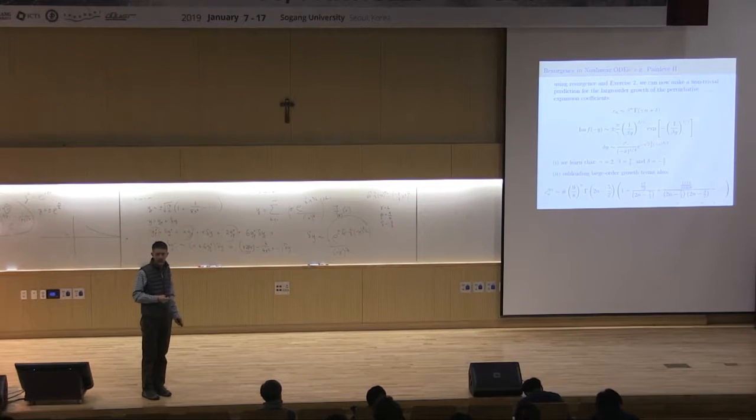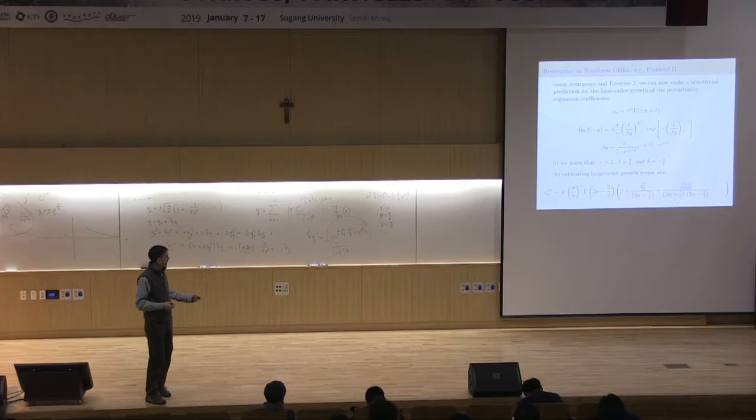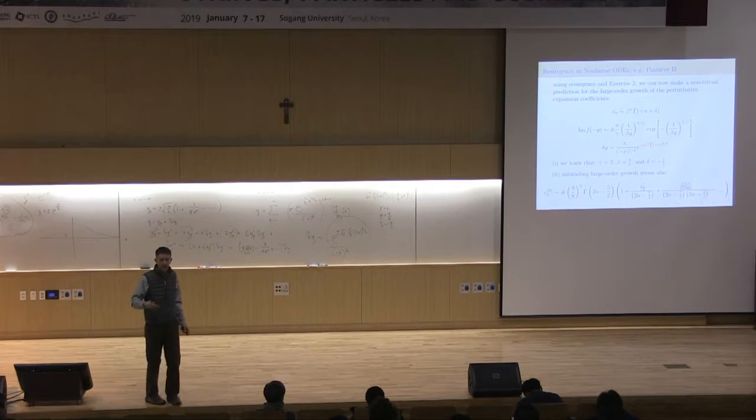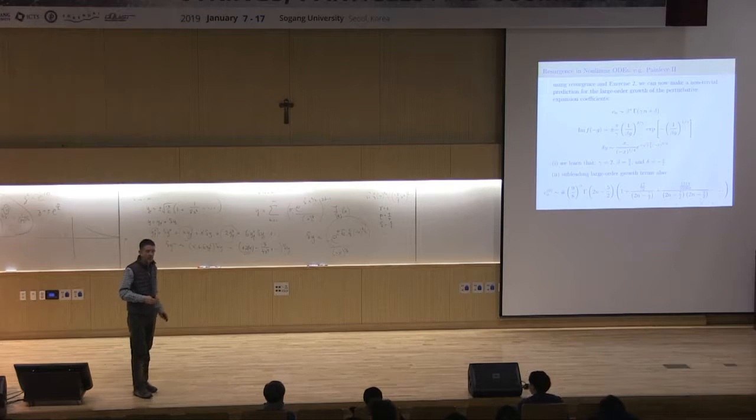Okay? And you can now go and check it, that in fact this is the leading growth, and you can be even more precise, generate lots of terms. It's easy, you just generate a recursion form. You can generate hundreds and thousands of these terms, and just check that that's the leading growth and this is the subleading growth.